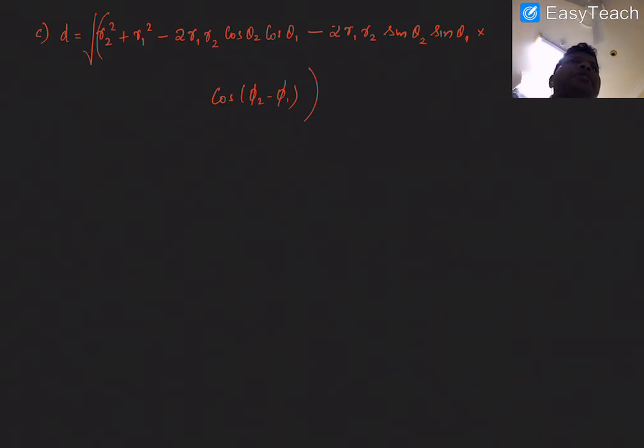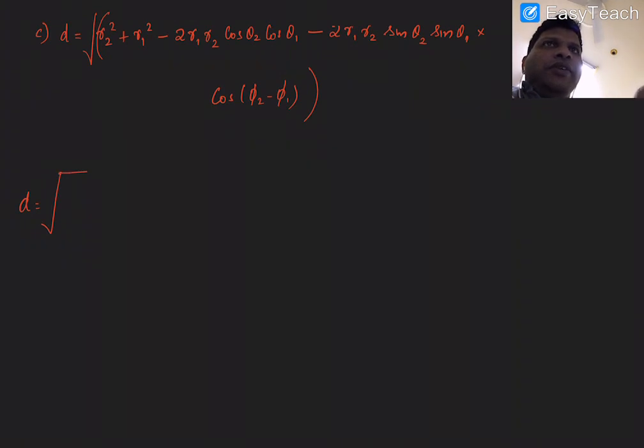You can substitute d is equal to the square root of... you can see our points are (10, pi by 4, 3 pi by 4) and another point is (5, pi by 6, 7 pi by 6). So r2 square, that means 5 square plus 10 square minus 2 times 5 into 10 into cosine of theta 2, what is theta 2?